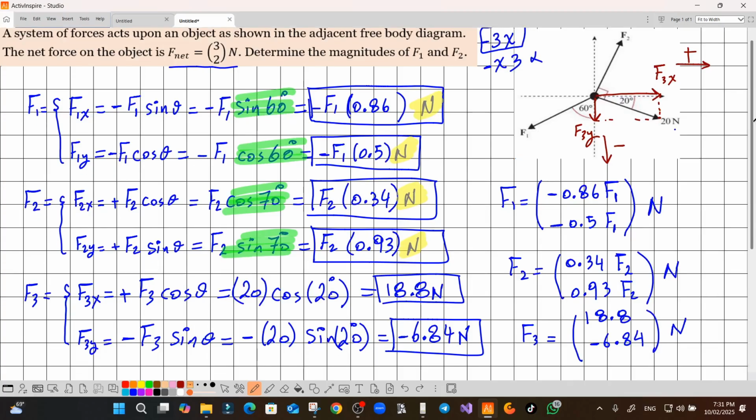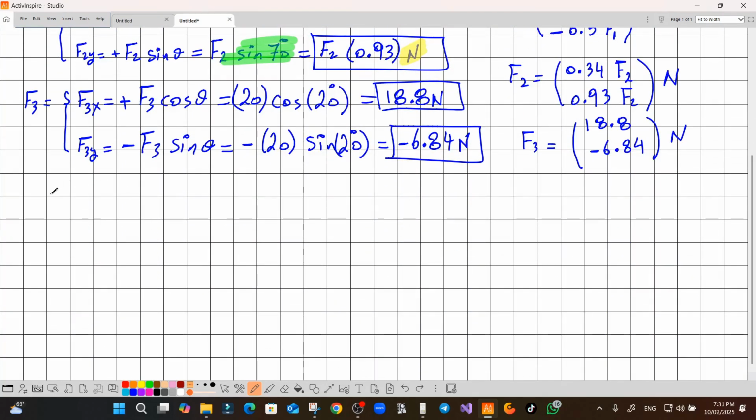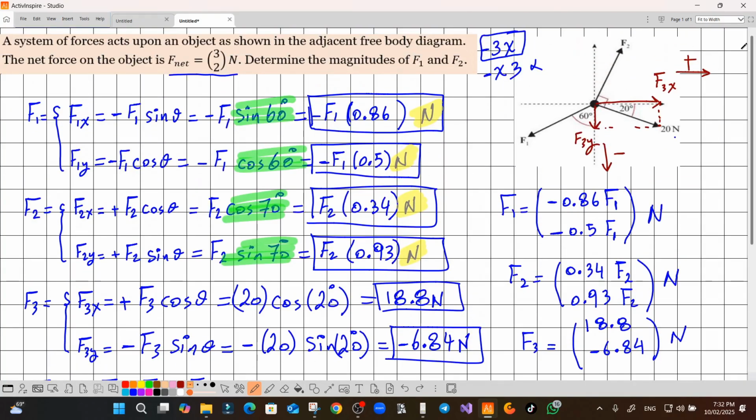We know that the F net in general is given by this formula. F net is equal F1 plus F2 plus F3 plus F4. As long as we have more forces, we just keep adding the forces together. Now, let me write for you the matrix notation with the component for each one of these forces.